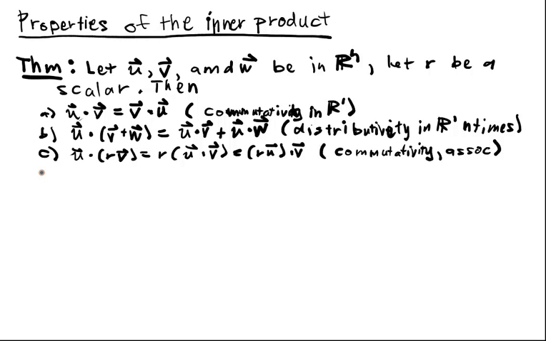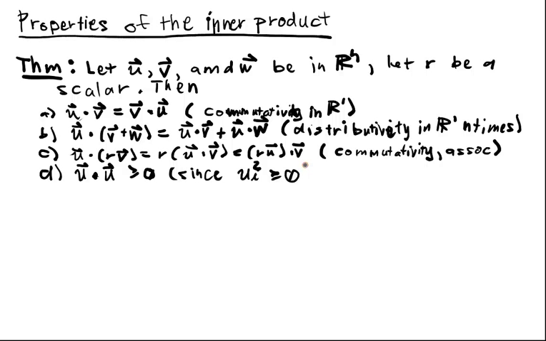The next fact is kind of interesting. So that we have that U dotted with U, right? So the same vector dotted with itself is greater than or equal to 0. And this is true since, if I take squares of everything, it's always greater than or equal to 0.